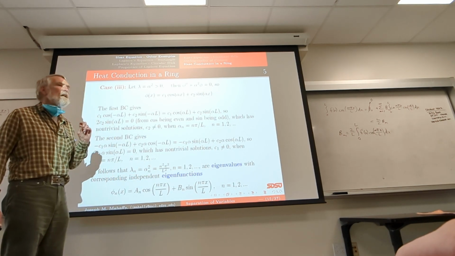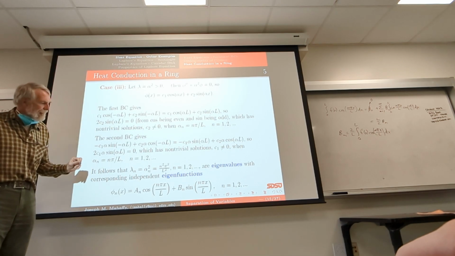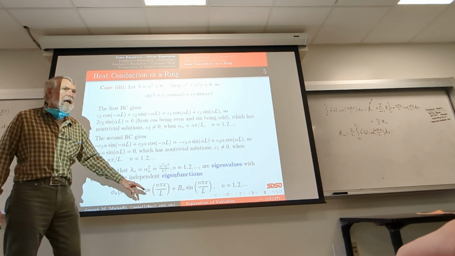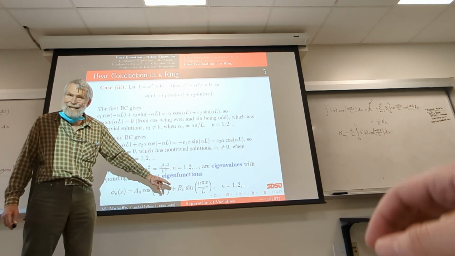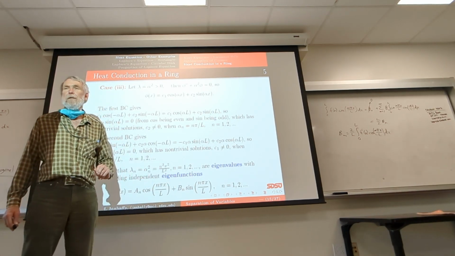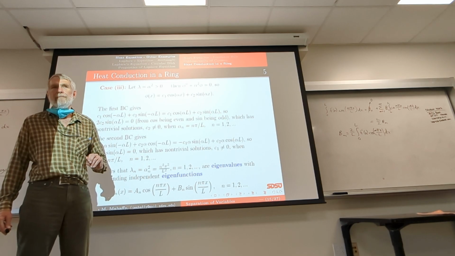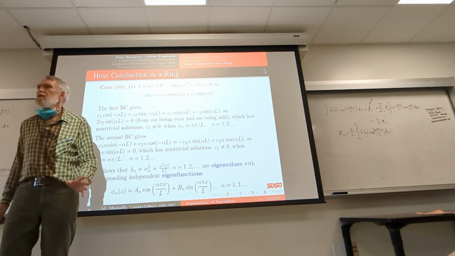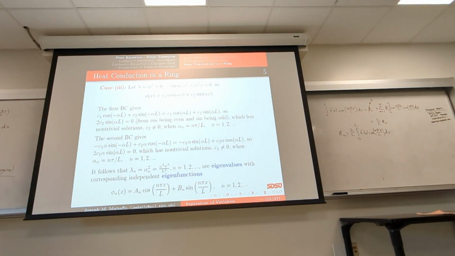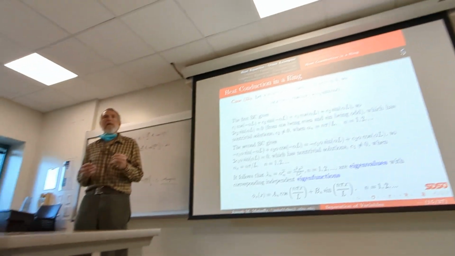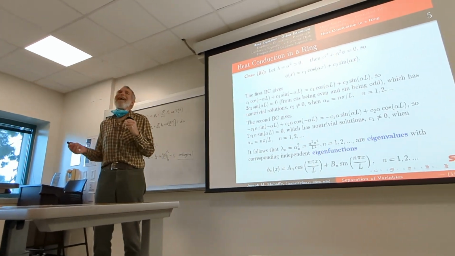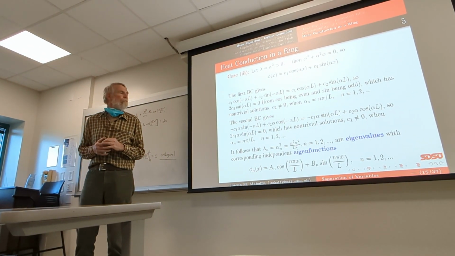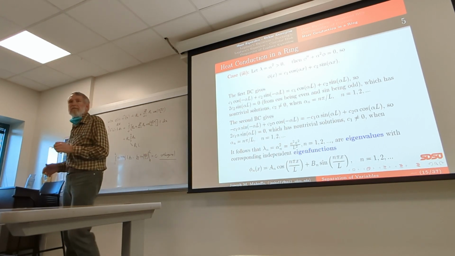The eigenfunctions are the linear combination a n cosine n pi x over L, plus a different constant b n sine n pi x over L. But now we get both sine and cosine, not just one of them. So these periodic boundary conditions give us both sines and cosines, and these will lead to what's called the full Fourier series.